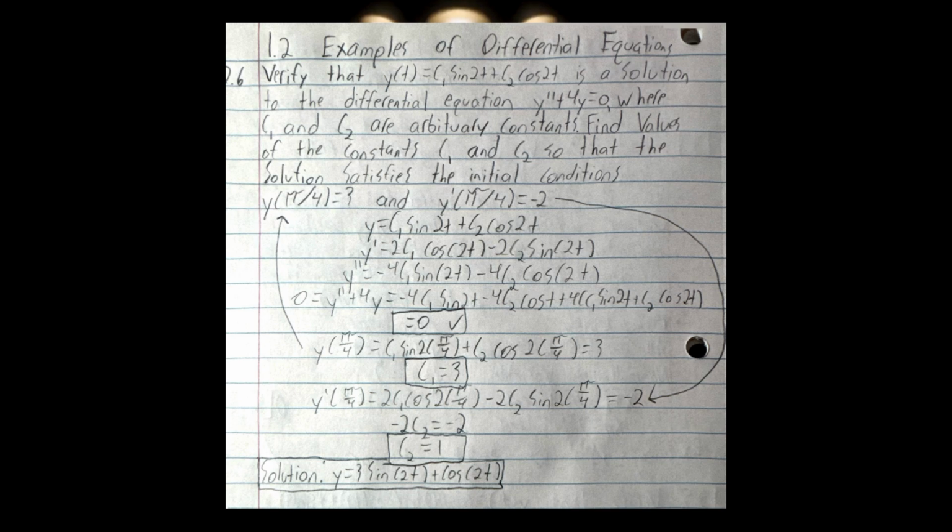This will simplify down to c1 being equal to 3. That is just a coincidence that y of pi over 4 equals 3 and c1 equals 3. Purely coincidence.